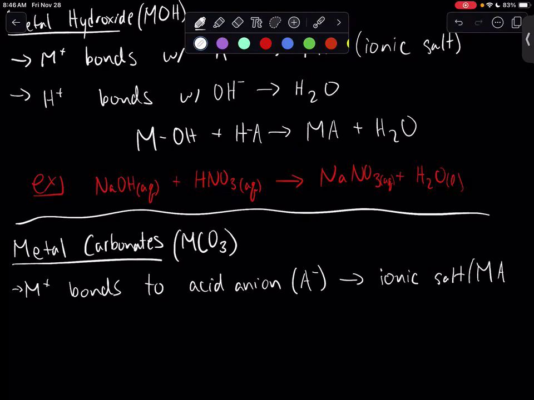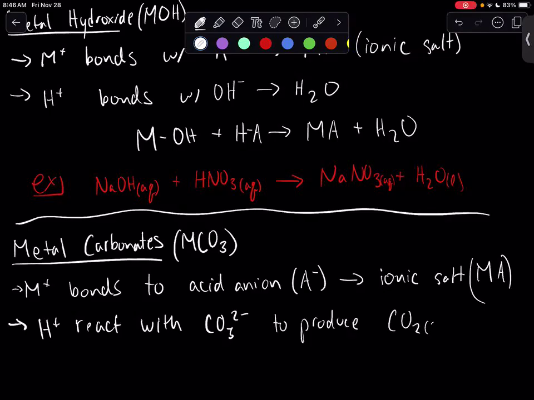So it's still pretty similar as before. The metal is still going to form this ionic salt regardless, but here's where it becomes a little different. The hydrogen ion will react or bond with carbonate, CO3 2 minus, to produce two things.